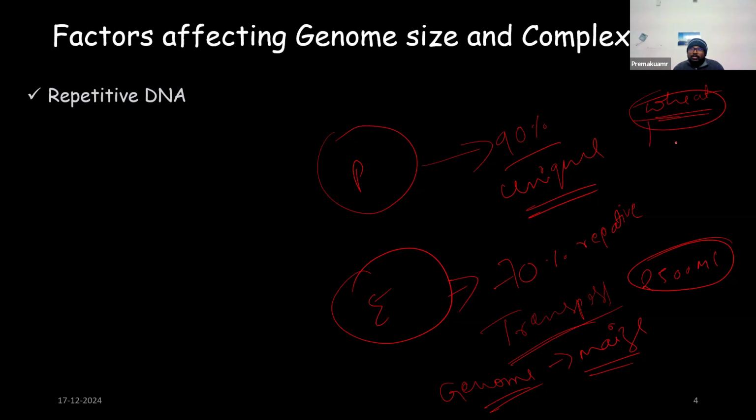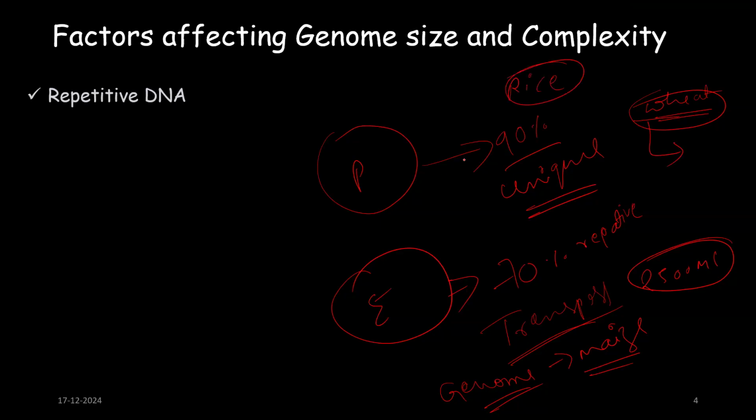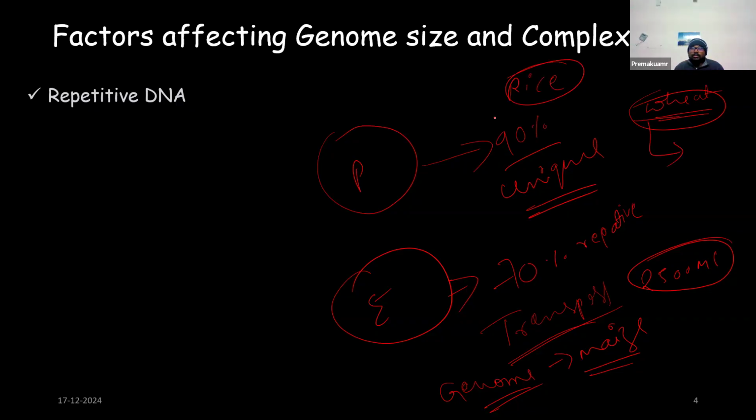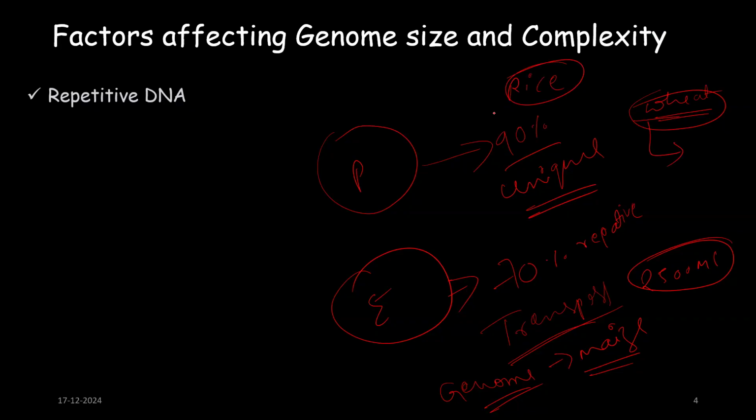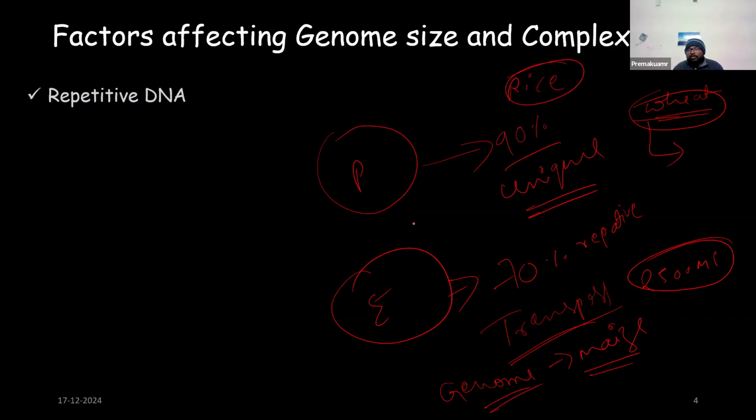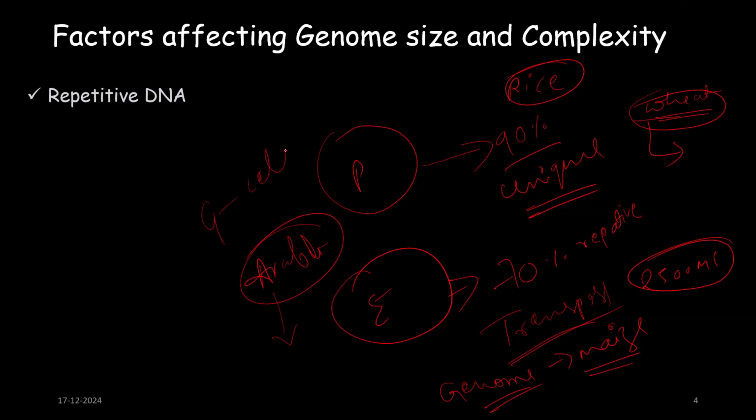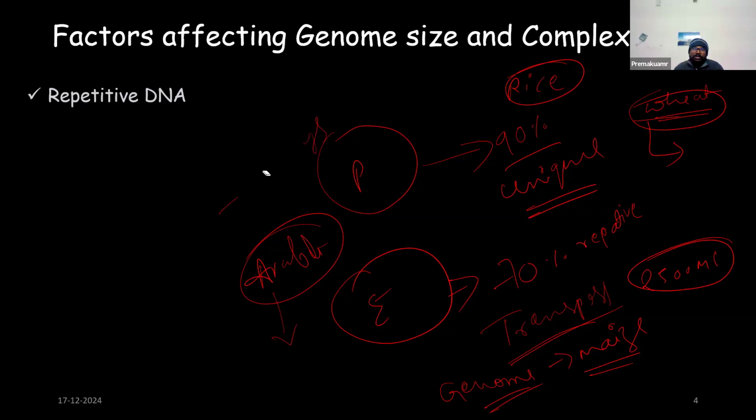What is the genome size of rice at least? 250 megabase pairs? I think it's 400 plus, you check it. What is the genome size of Arabidopsis? At least you should know the model organisms. Arabidopsis is 99 megabase pairs. Exactly, it's 100 MB.